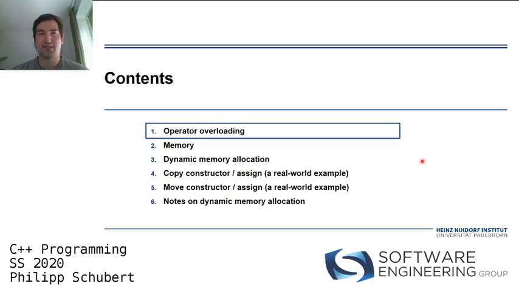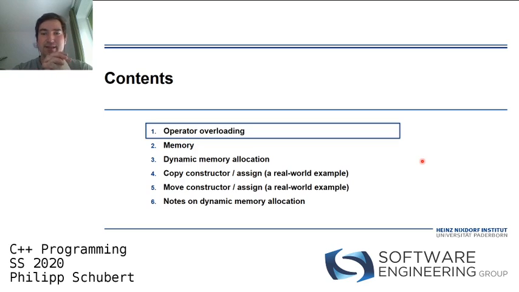In addition, we had the standard string, and the operator plus, for instance, is implemented for strings, as we will learn in today's lecture. And so you can use some shortcuts. So basically, operators can be considered as shortcuts to ordinary function calls.